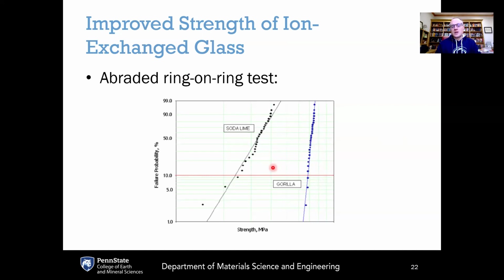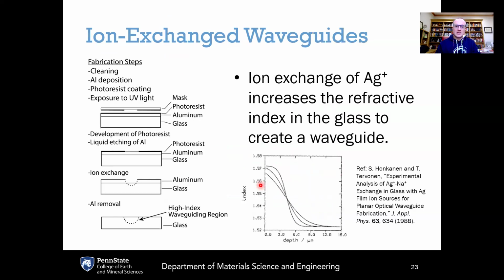Not only that, but it is a much steeper curve, which means a higher Weibull modulus. And that means that there's less scatter in the strength data. So not only is it stronger on average, but it's also more consistent in its strength with Gorilla Glass compared to soda-lime silicate. So there's a big advantage when it comes to using the ion exchange process to generate chemically strengthened glasses. And that's why chemically strengthened glasses are used on all of your smartphones.